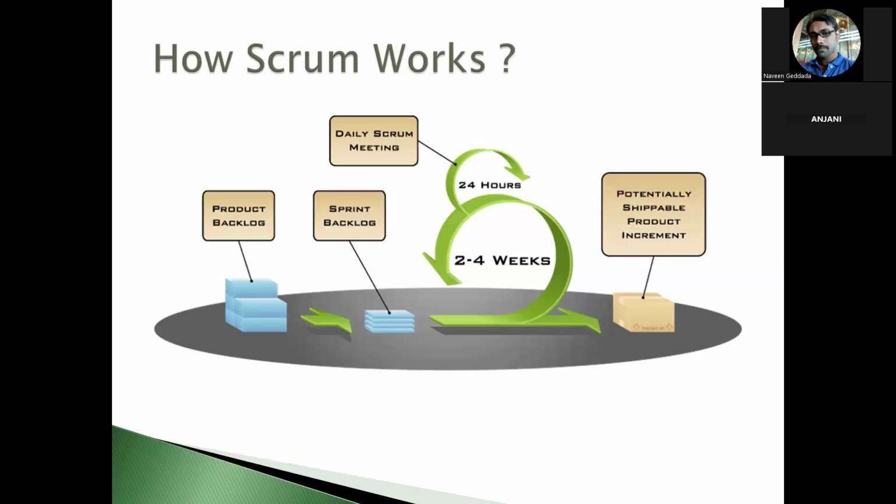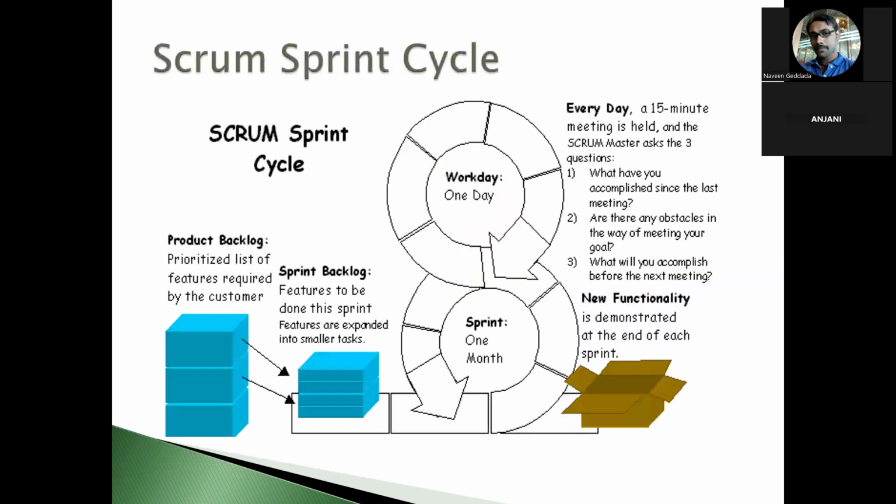Each iteration is a sprint, and each sprint has a set of requirements that need to be developed in the sprint duration. In general, the Agile methodology in the Scrum process supports a 2 week sprint or a 4 week sprint. Okay. So this is how the Scrum sprint cycle is going to work.